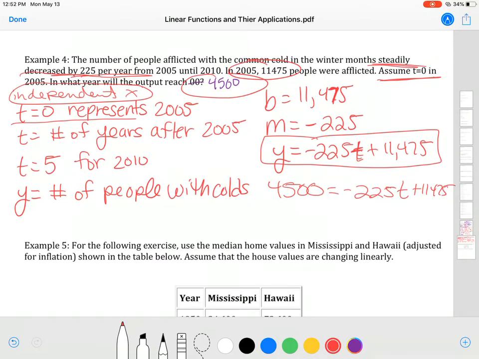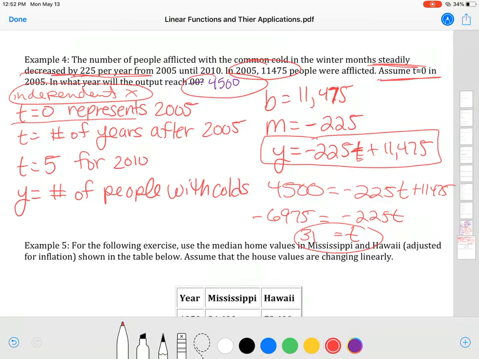So I'm going to take 4,500 and subtract 11,475 from both sides, and that's going to give me negative 225t is equal to negative 6,975. And then I'm going to divide both sides by negative 225, and that's going to give me t is 31. But that's not our final answer. It wants to know what year.